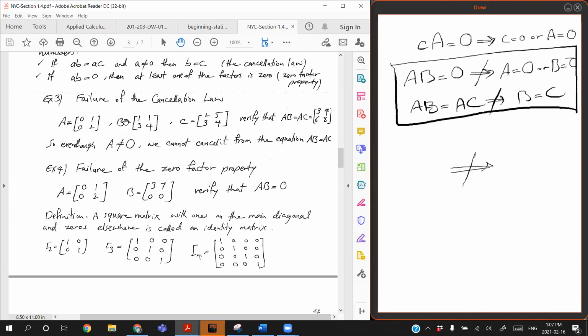So I found three matrices A, B, and C, so that AB is 3, 4, 6, 8. A times C is the same thing. However, I cannot cancel the A's because B and C are clearly not the same. You good?